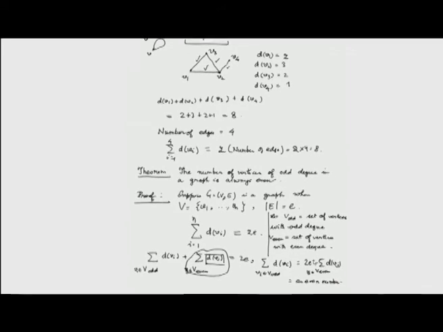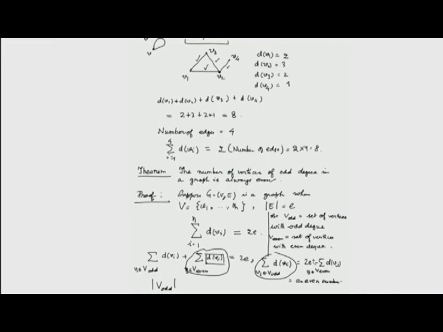Now, since it is an even number, the sum d(Vi), where Vi varies over V odd, is going to be an even number, but we know that individual d(Vi)'s are odd. Now, if I add some odd number an odd number of times, then I am going to get an odd number.